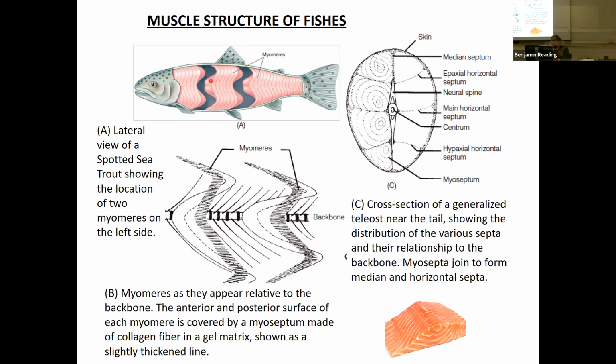We've got these bundles of muscle fibers organized like W's. These things are called myomeres. These cross-hatch patterns are bundles of muscle fibers arranged like this, and they are covered by a myoseptum, so they're kind of separate.